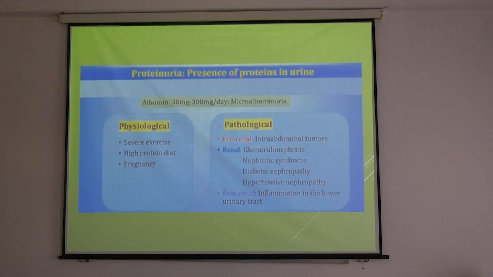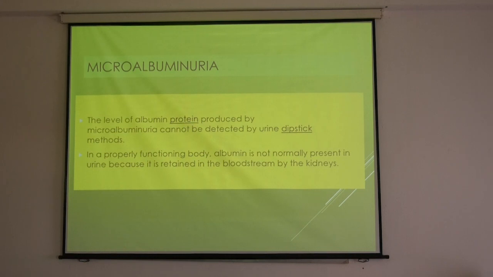And why is it important? It helps us to diagnose some of the diseases. Not exactly to diagnose, but to understand that this disease is going to happen, or there is more risk of those diseases. The level of albumin produced in microalbuminuria cannot be detected by urine dipstick.